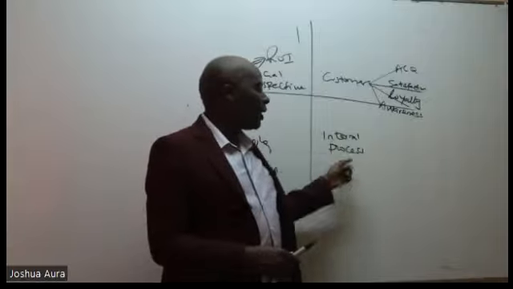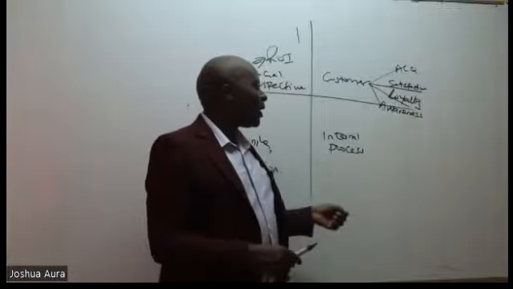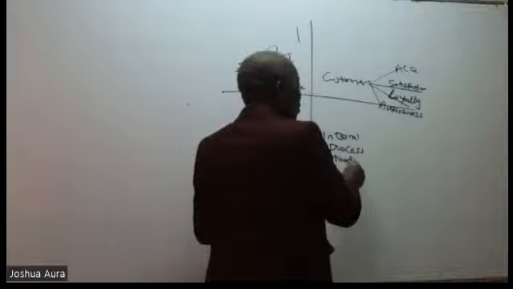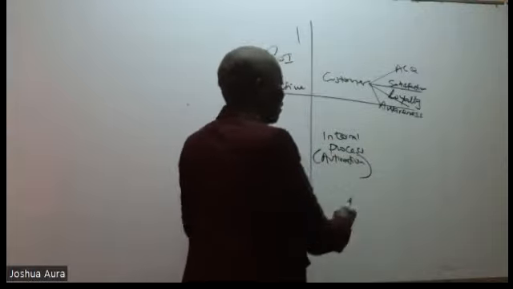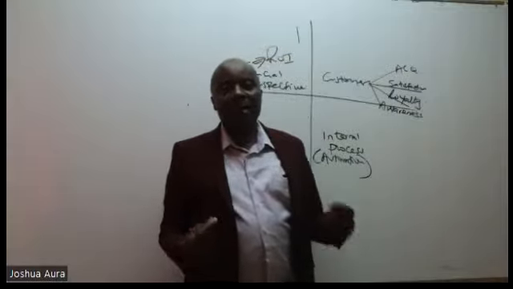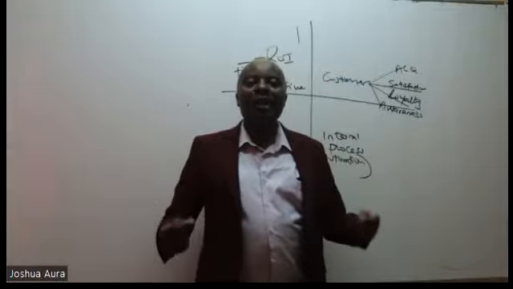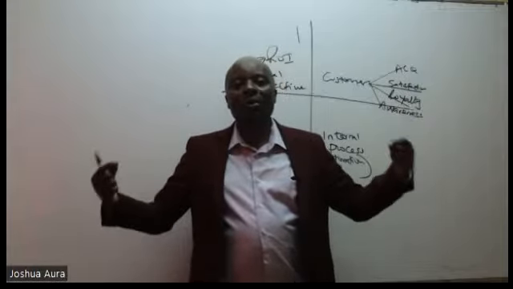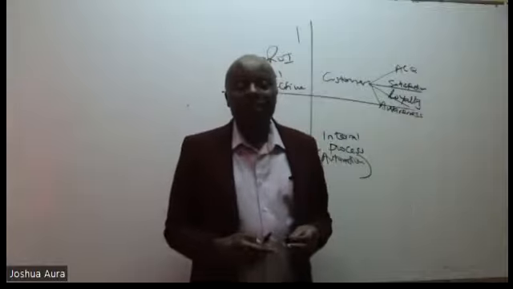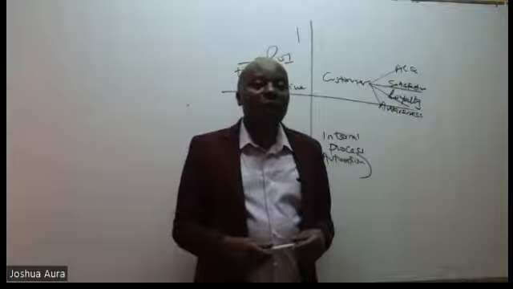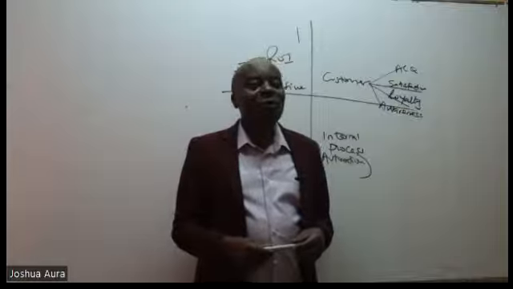From there, we go to the internal processes. So internal processes, basically, this is all about automation. Ladies and gentlemen, if we are to get miles and miles ahead, we must ensure that we are automating most of our processes. This thing of expecting manual processes to work for you cannot take you far.